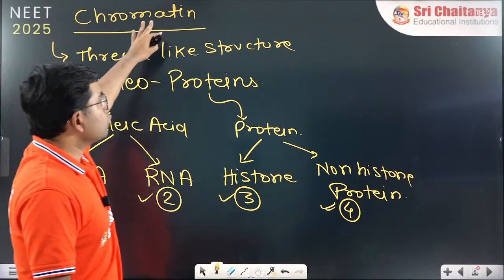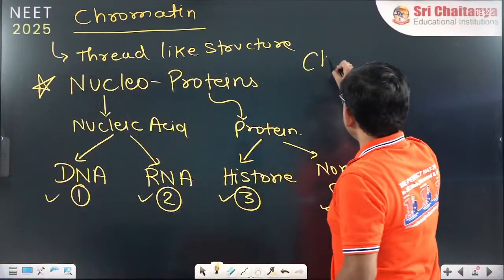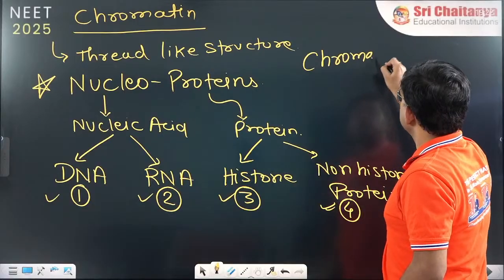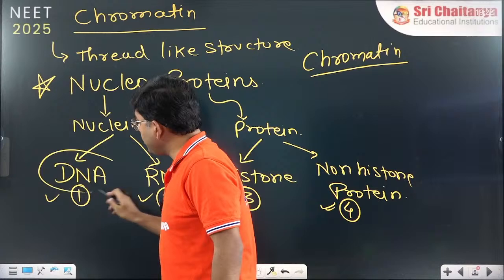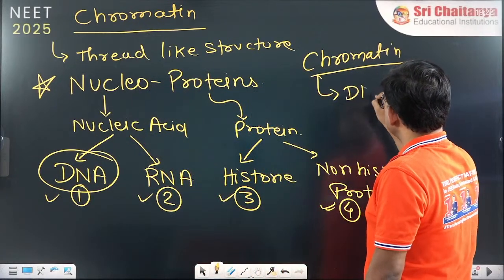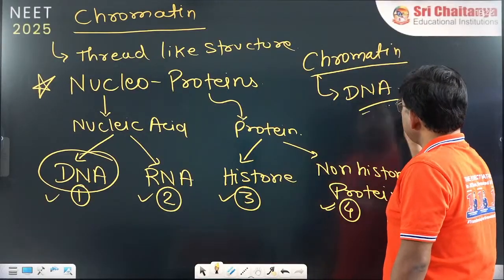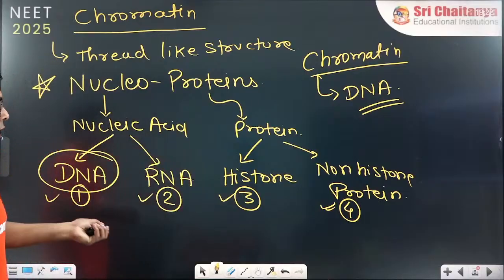Now what is this chromatin made up of? As I said, DNA is the major part of the chromatin. So chromatin has DNA. Now this DNA is a thread-like structure.